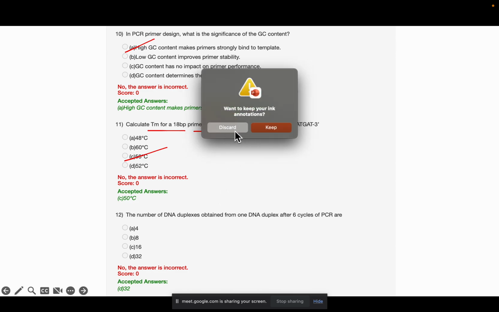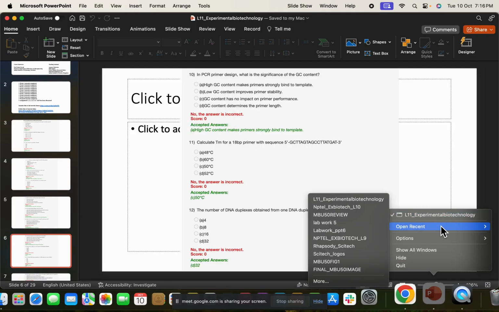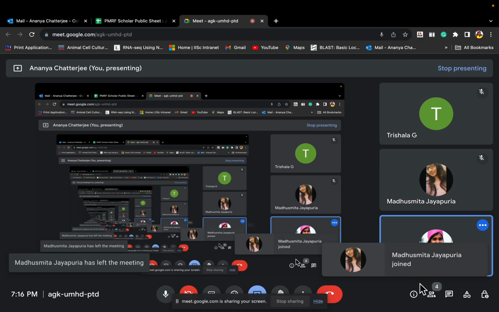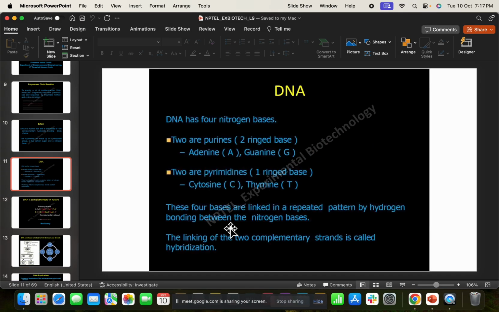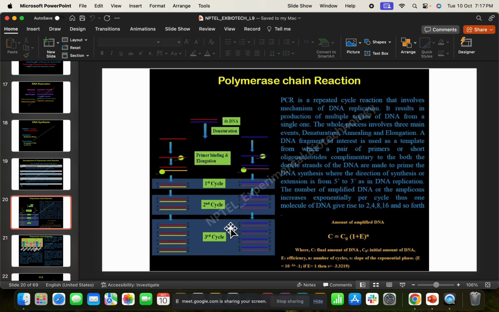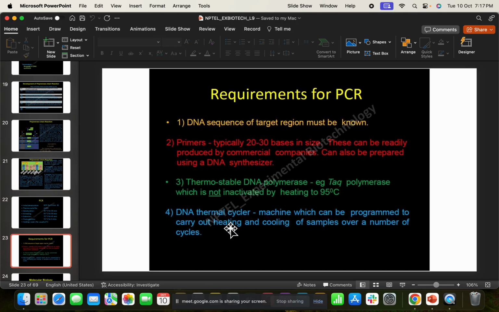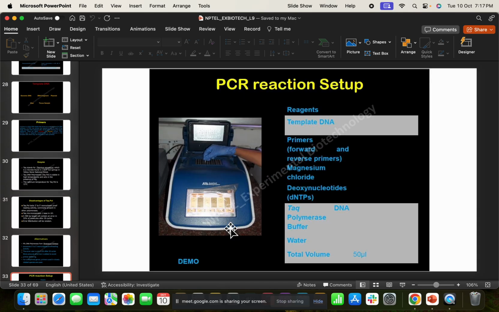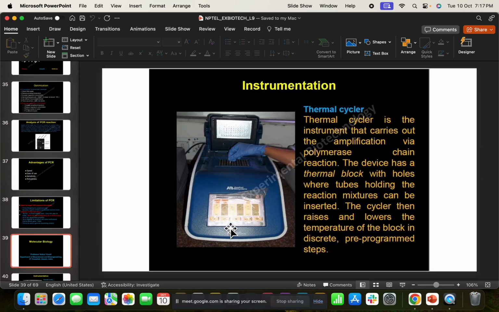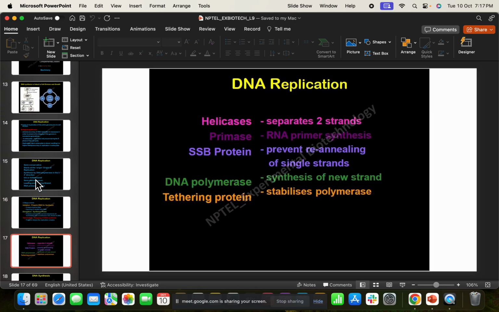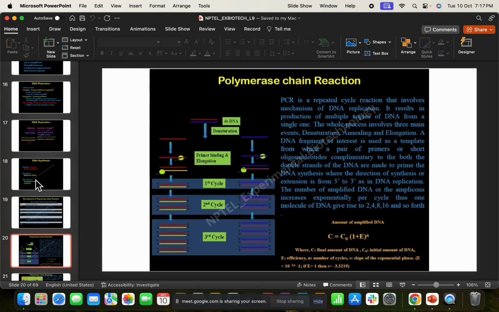In the last class we taught about that. Yes, so the formula is... you have to go through the slides very carefully.